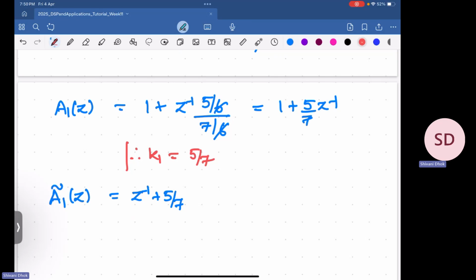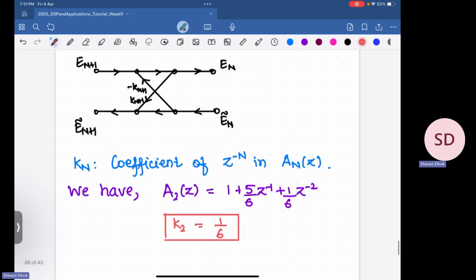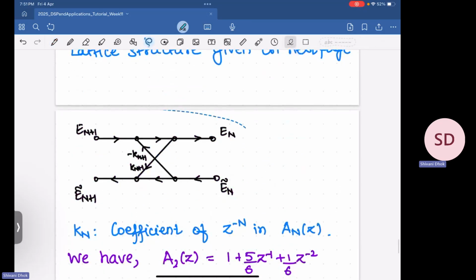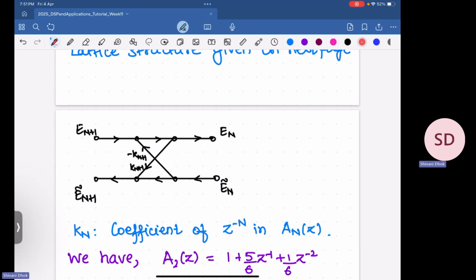Okay. So now let us use the values of K1 and K2 to construct our lattice. This is a degree 2 polynomial in the denominator, so only 2 delay elements will be there. I forgot to add a z inverse here. Yeah, there is a z inverse here.